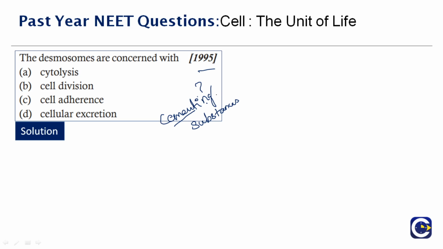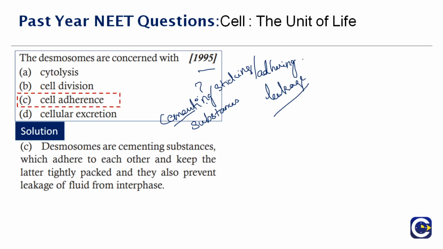When I say cementing, it means sticking, or you can call it adhering. This cementing effect helps in the adherence of cells to each other and keeps the layers tightly packed, as they prevent the leakage of fluid from the interface. So desmosomes are concerned with cell adherence. They prevent the leakage, which is very, very important. Therefore, the correct answer to this question is option C, cell adherence.